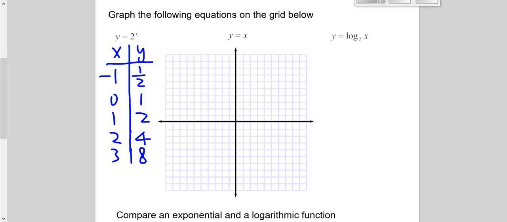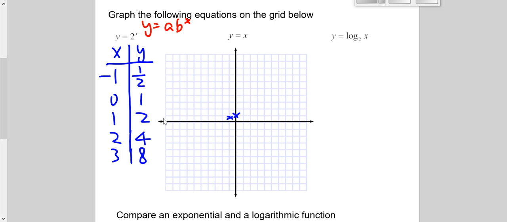Now quickly sketch this. -1 is 1/2, somewhere there. And then 0 is 1. I hope there's nothing surprising. Remember the y equals ab^x format. There's no other transformation, so our a value, which is the number in front of the 2, is 1 in this case, which tells you that the y-intercept is 1.